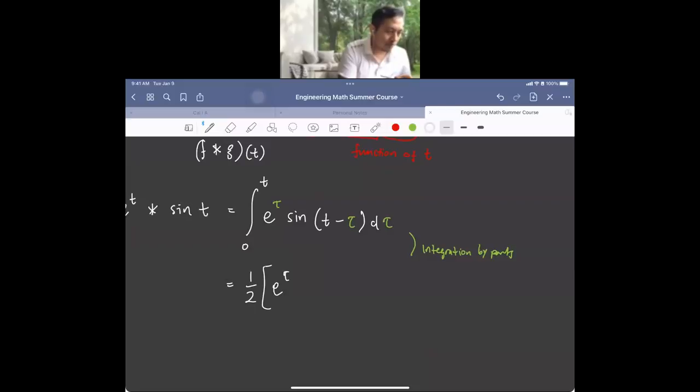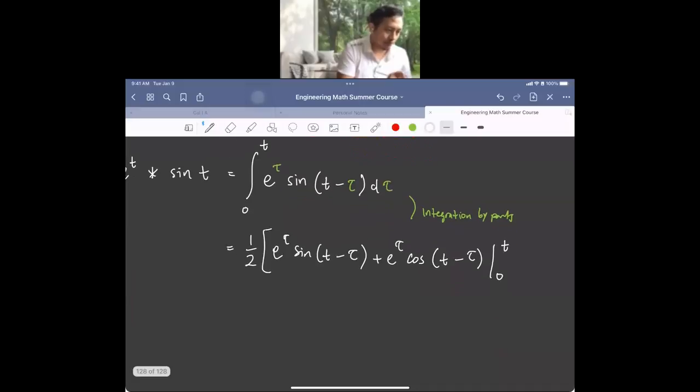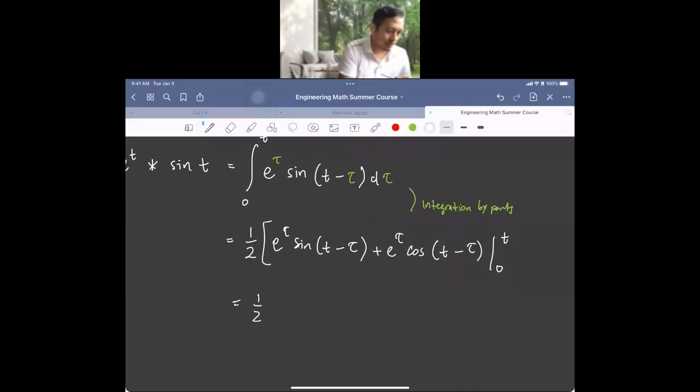This becomes e to the power of tau sine of t minus tau plus e to the power of tau cosine of t minus tau, all evaluated from 0 to t. And the result is half of negative sine t, negative cos t, plus e to the power of t.